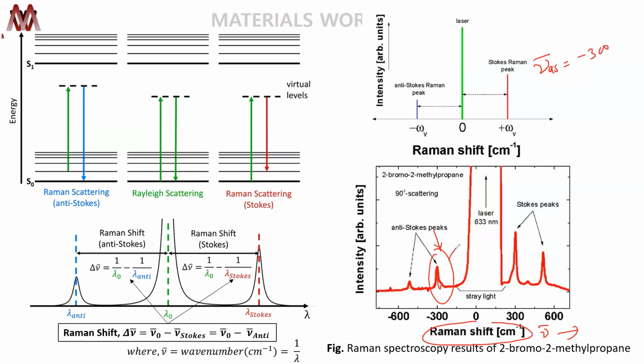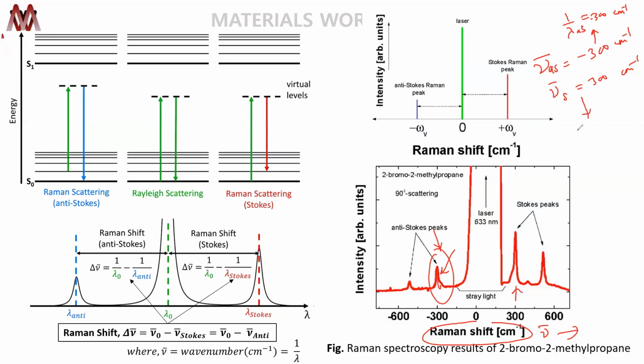Let me take only one peak, and let's take this peak. The wave number of the Stokes line is 300. What is the unit? Cm inverse. That means from here you can calculate 1 by lambda anti-Stokes, which is given as minus 300. Remember, it is in centimeter inverse.